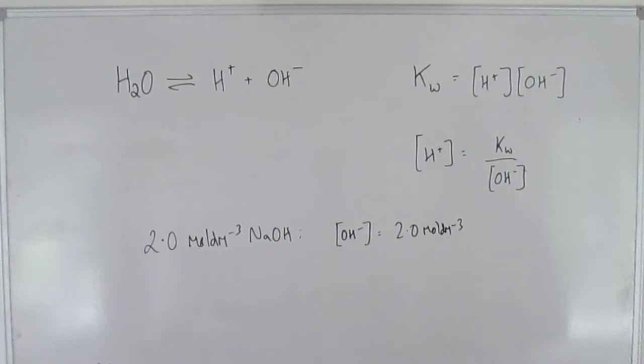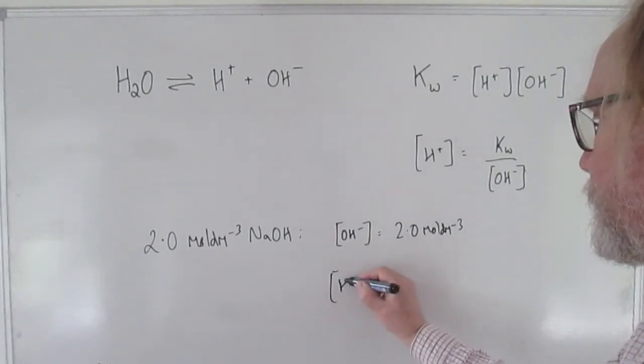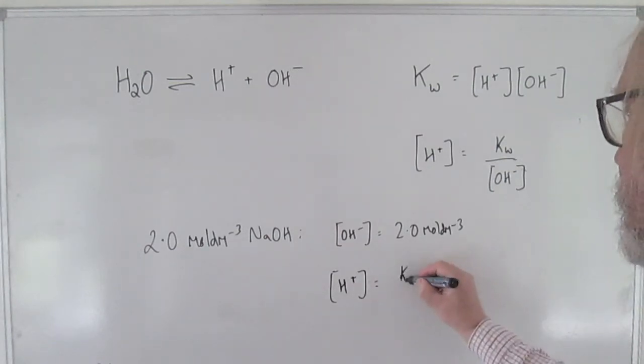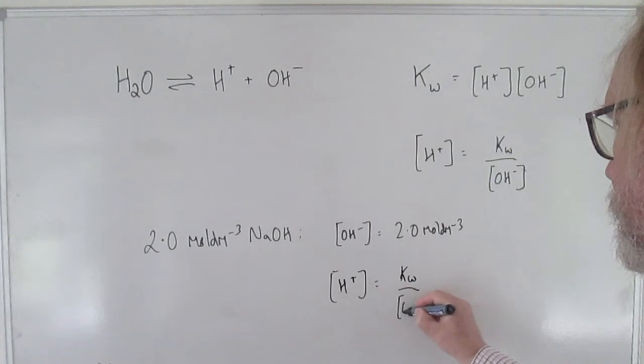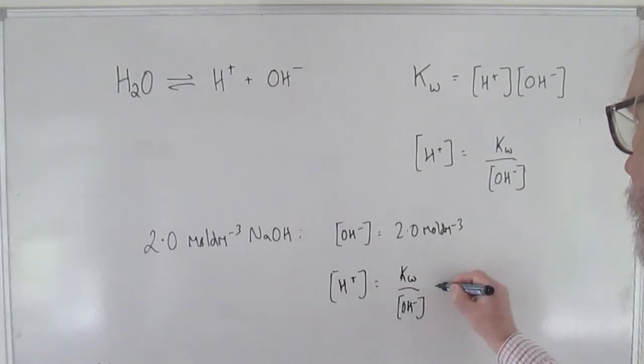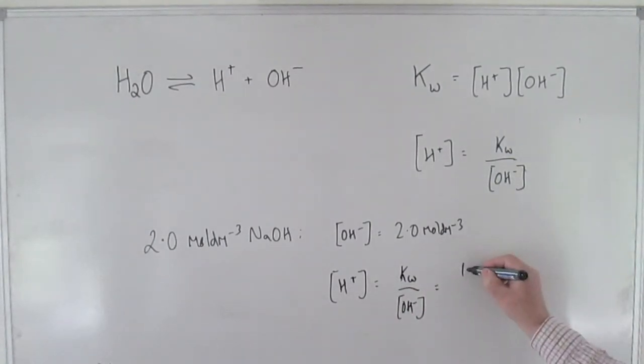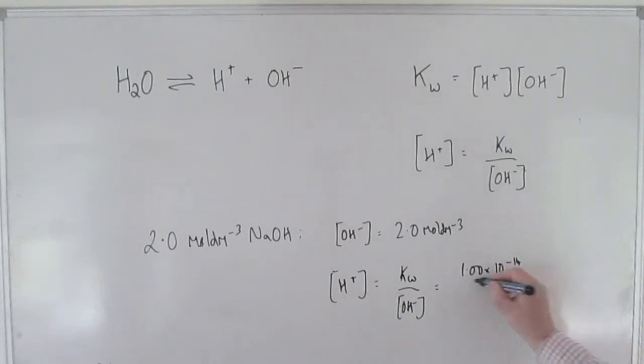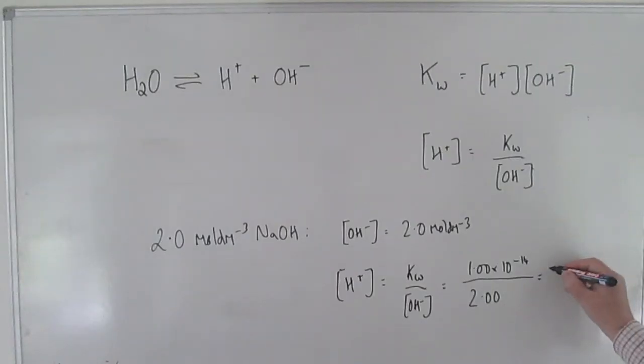So we know what the OH minus concentration is, so we can therefore get that H plus is equal to Kw over OH minus, which is 1.00 times 10 to the minus 14 divided by 2.00, which is 5.00 times 10 to the minus 15 moles per dm cubed.